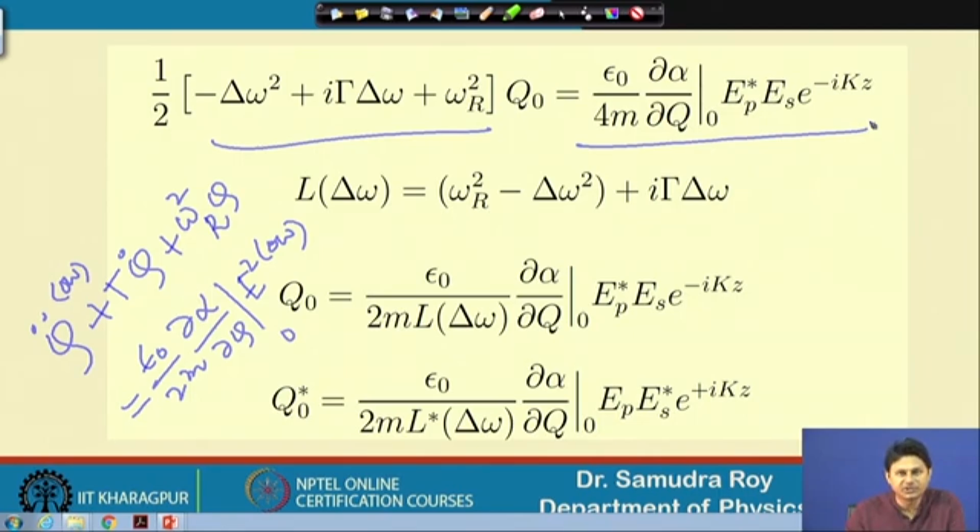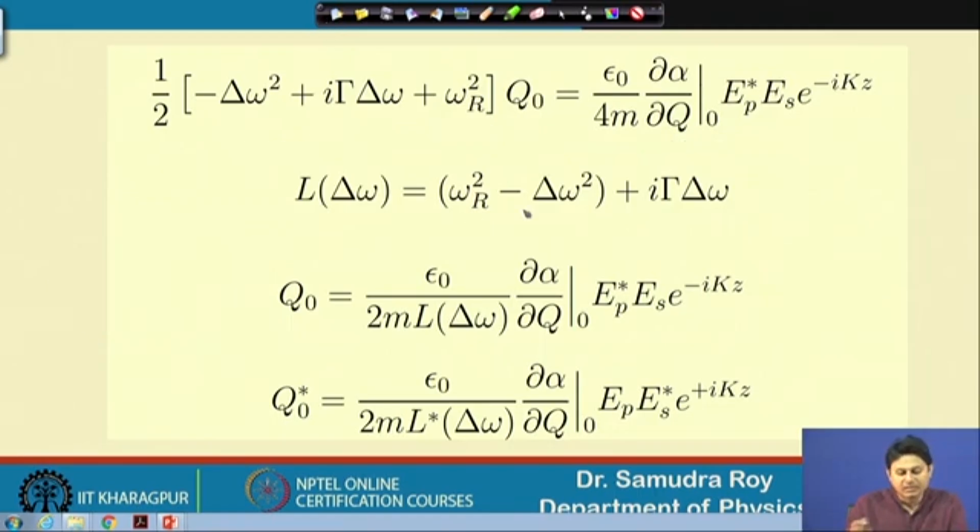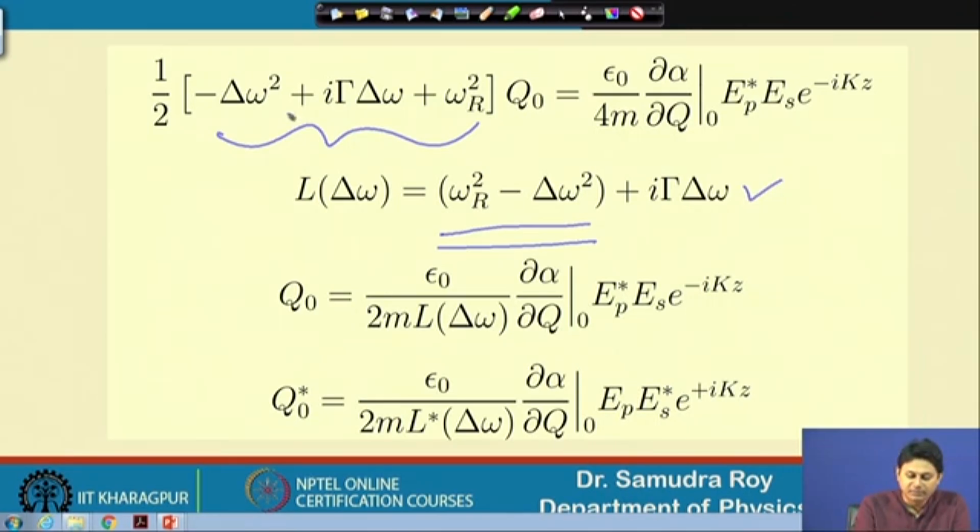We readily have these expressions, and when I put these expressions, then we need to solve, because we have here the delta omega thing. I write this entire stuff as L function of delta omega to make the calculation more compact. So, L of delta omega is omega r square minus delta omega square plus i gamma delta omega. So, L of delta omega is a complex quantity, please mind it.